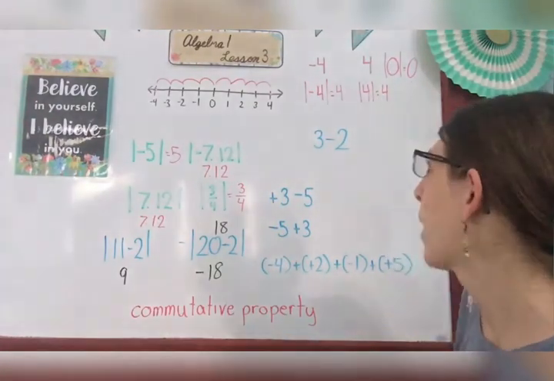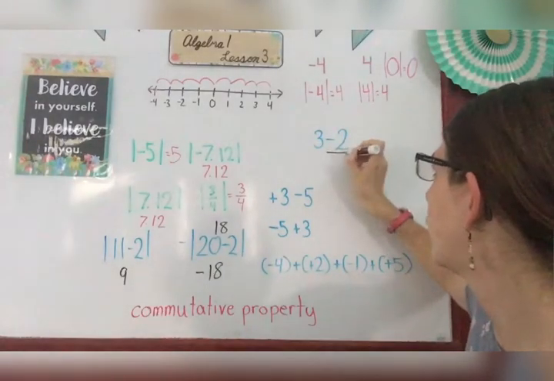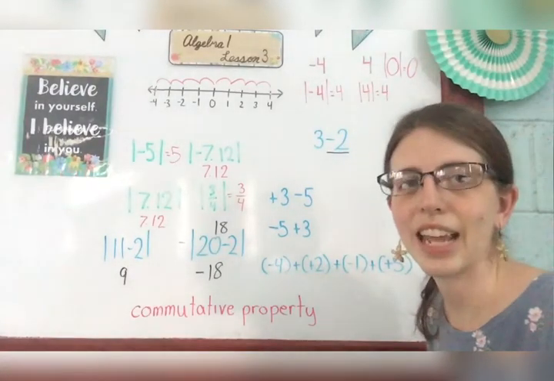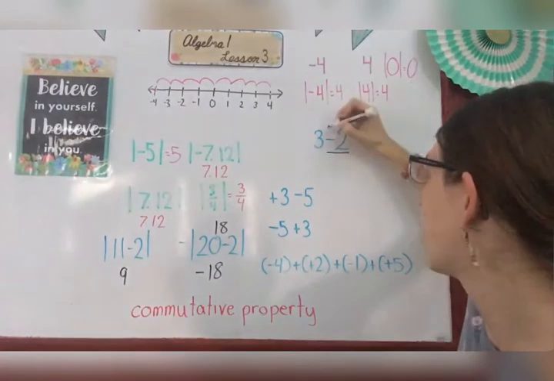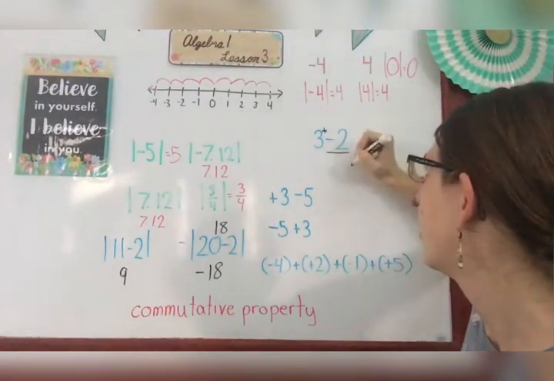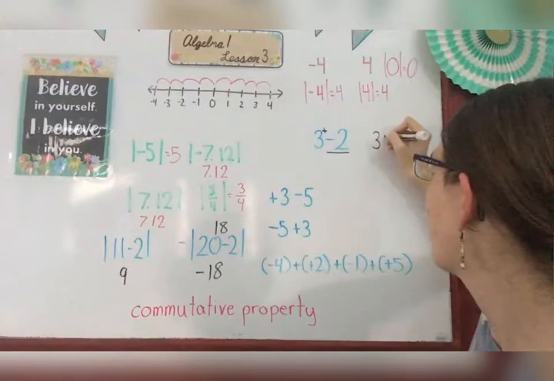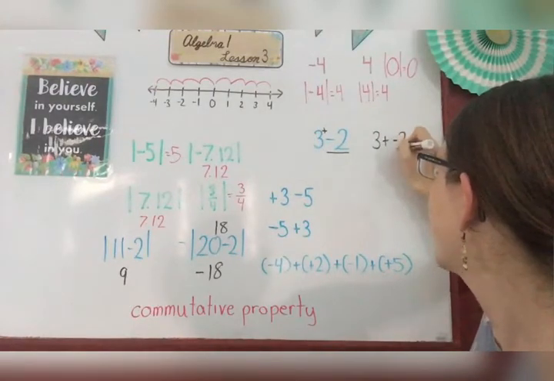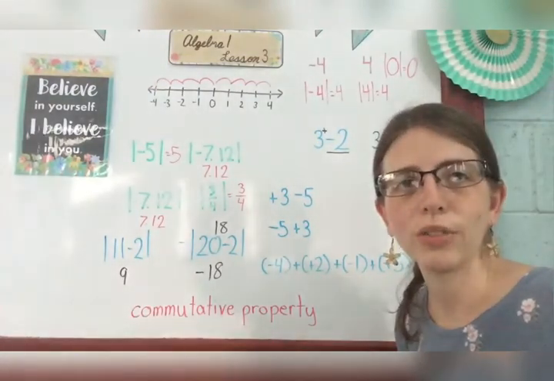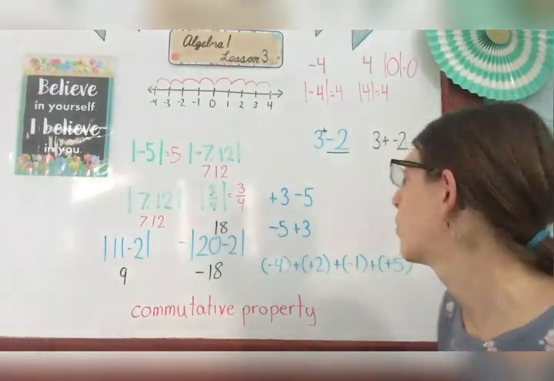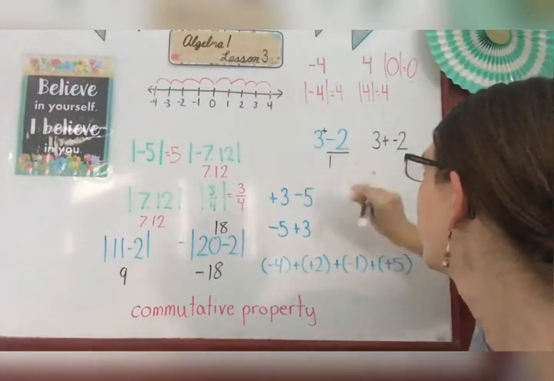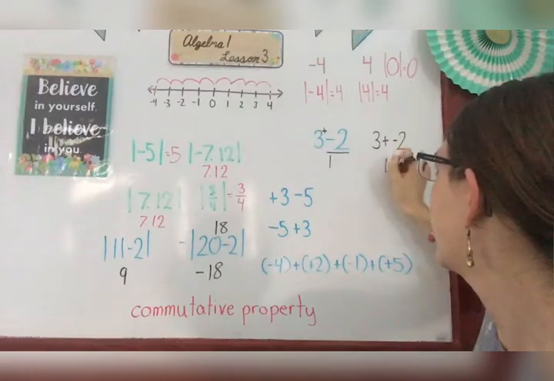And that is by saying that this sign goes with the 2, so that this is indeed a -2. And every number is being added. So instead of 3 minus 2, you have 3 plus a -2. And it actually gives you the same answer. 3 minus 2, you know, is 1. 3 plus a -2 is also 1.